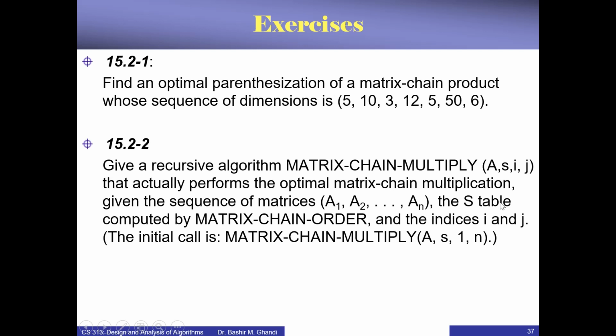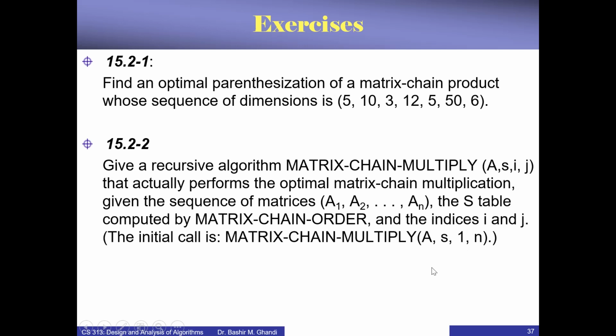Okay, the S table computed by matrix chain order, and the matrix indices i and j, yeah, basically telling what the S and i and j here are. Okay, the initial call to this matrix chain multiplication algorithm is A, S, 1, n. So the first value of i is 1 and the first value of j is n.